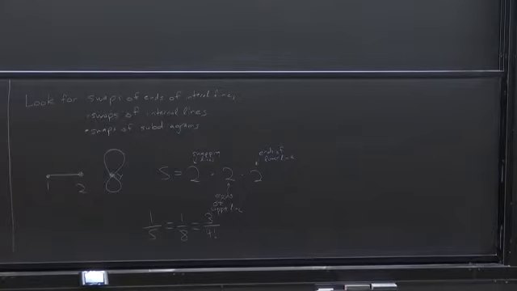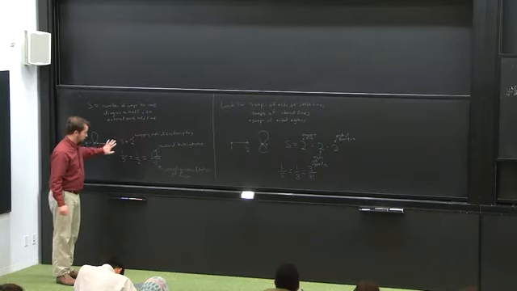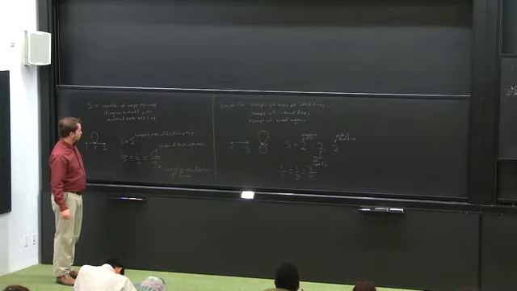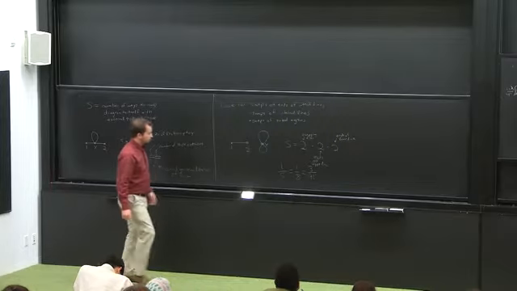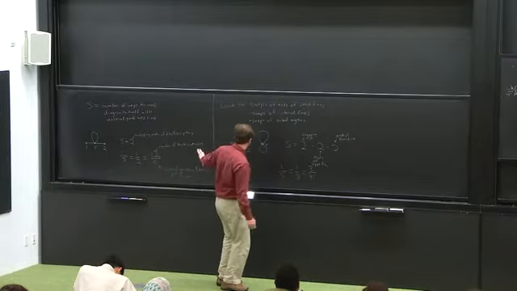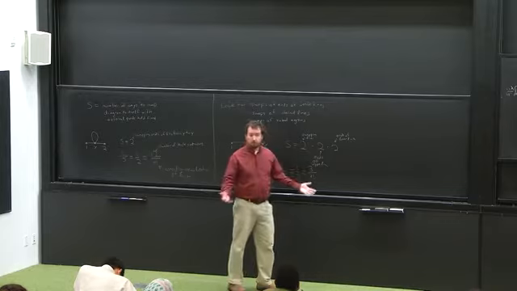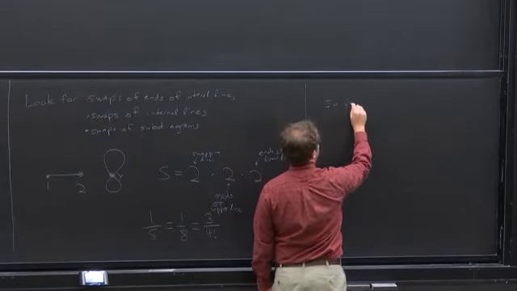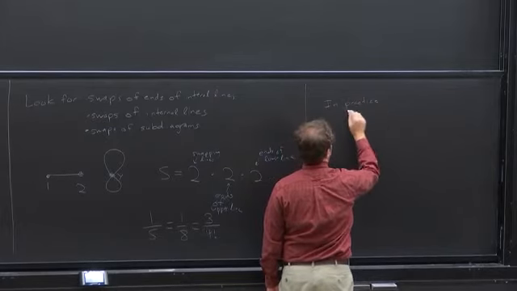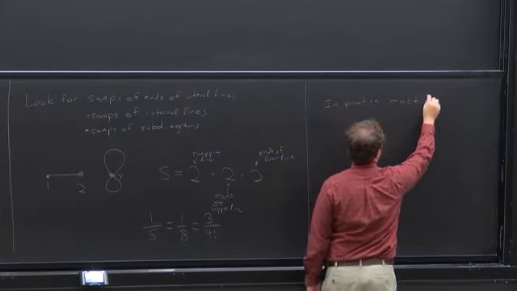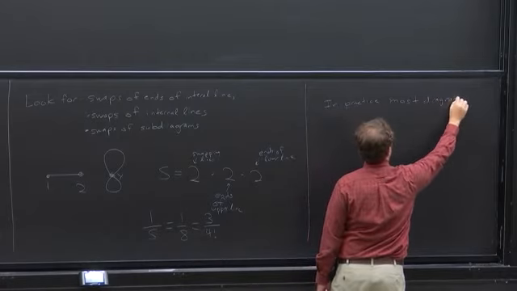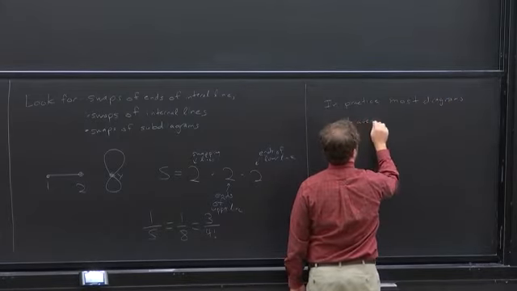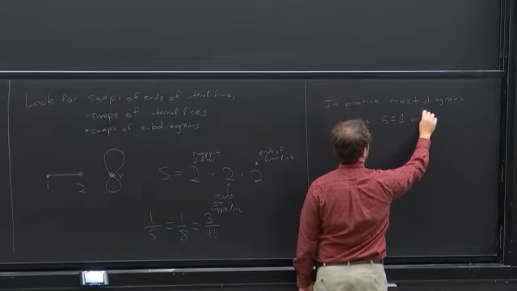For this example, it's not so clear why the symmetry factor is easier with practice. Part of the reason is that the diagrams we're considering here have large symmetry factors, but in practice most diagrams have S equals 1 or 2.